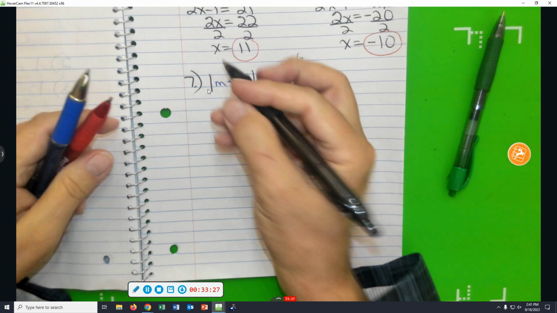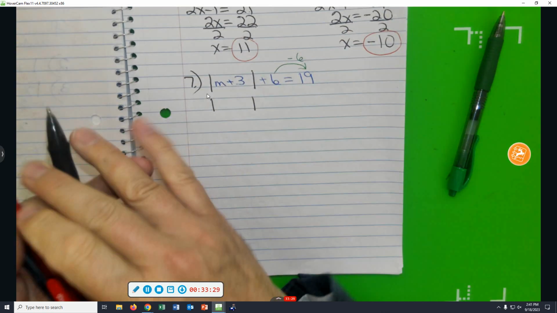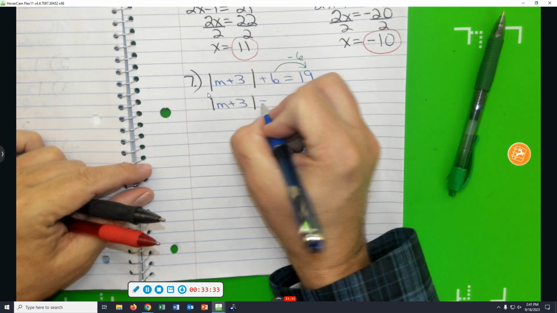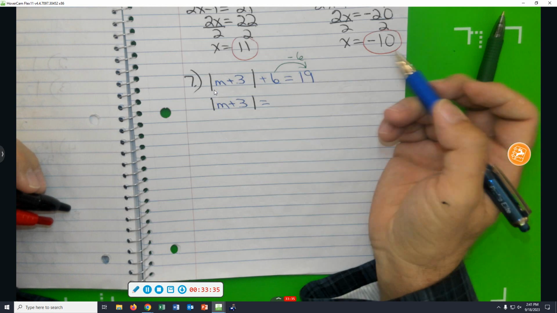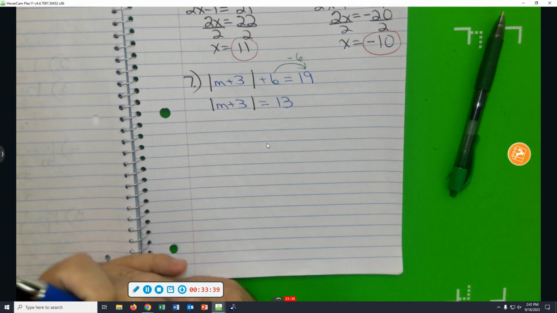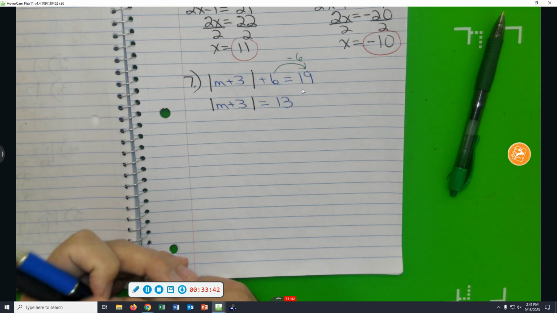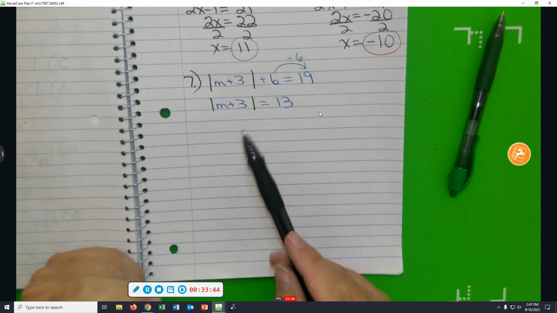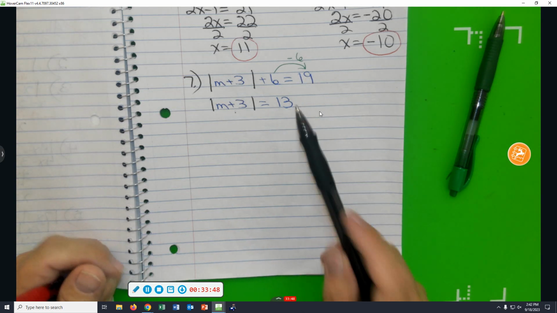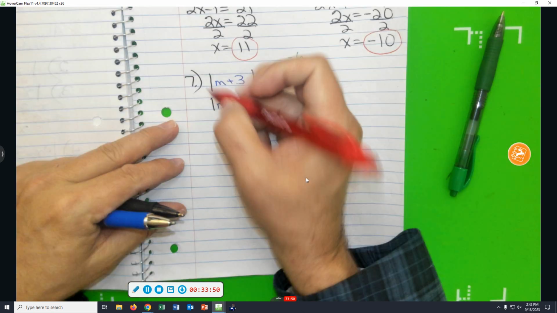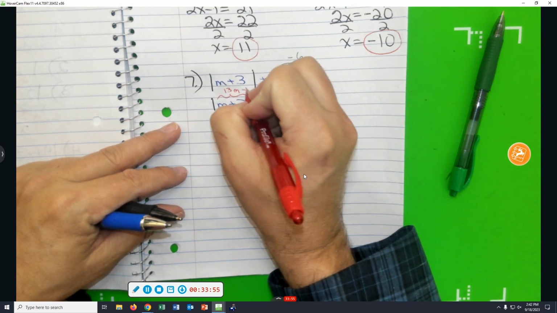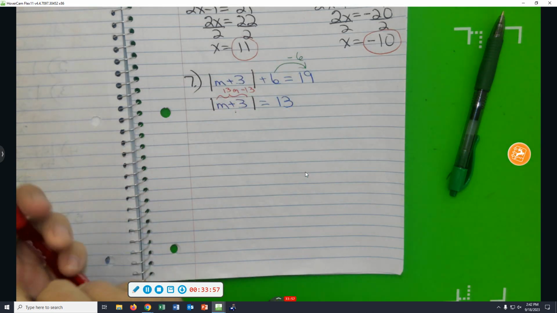So that gives us the absolute value of m plus 3 is equal to 19 minus 6 is 13. And now, it's a case 1 problem. We have an absolute value by itself on one side, positive number on the other side, so that m plus 3 has to equal 13 or negative 13.